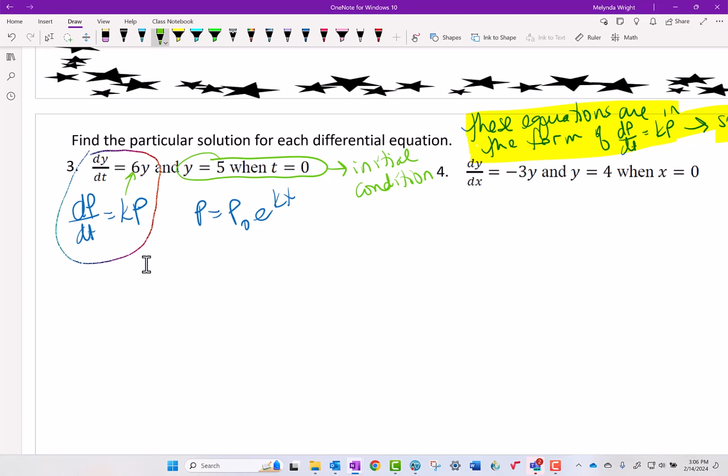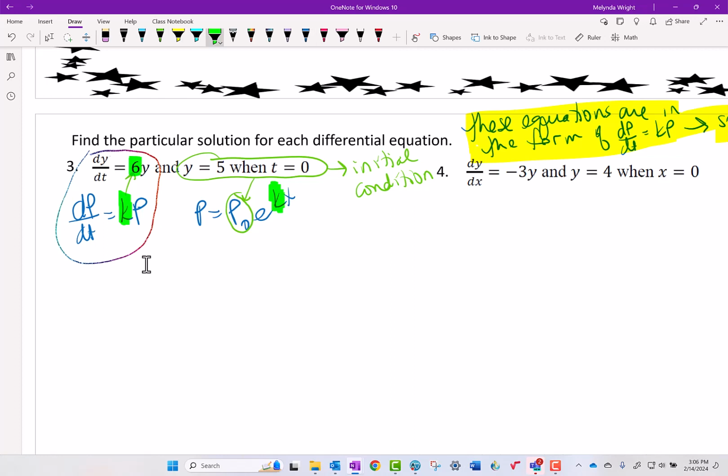So they're saying that's our initial condition. Okay, so the initial condition is going to go right here, right where that P naught is. That's where the initial condition is going to go. And this k, I'll just highlight this k right here, is going to go here. And of course, instead of using P, I'm going to use y.